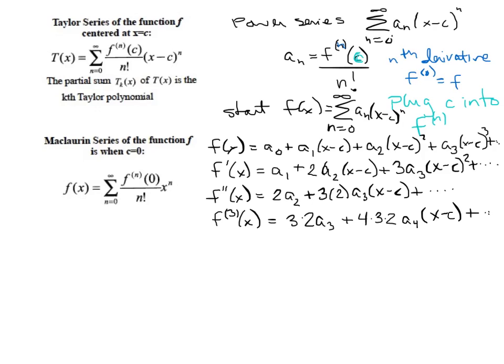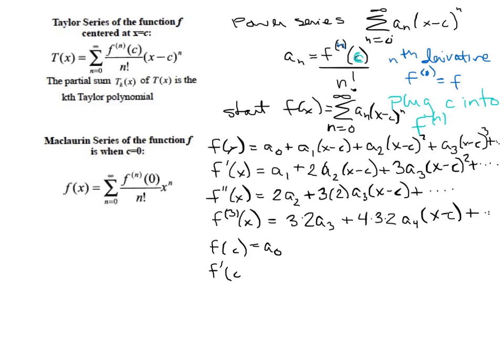And what I'm going to do now is plug in c into all of these. So if I take f and I plug in c into it, notice that I've got a bunch of x minus c's, and every time I have one of those, it's going to go to 0, because c minus c is 0. So what I'd be left with in just the function is a naught.